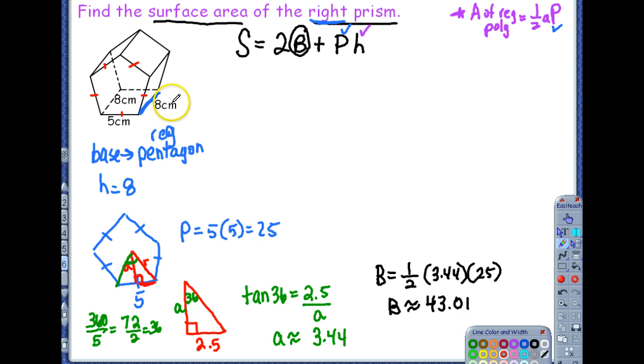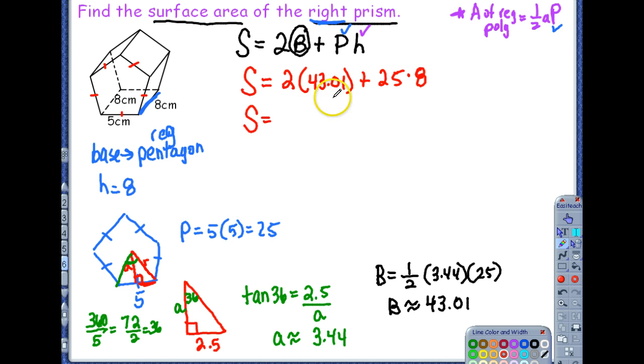We can do that because we're dealing with units here. So surface area equals 2 times that base area, and then we're adding on perimeter, which is 25, times the height, which is 8. So we're going to leave this in our calculator. I'm just going to multiply that times 2, so that is 86.02.